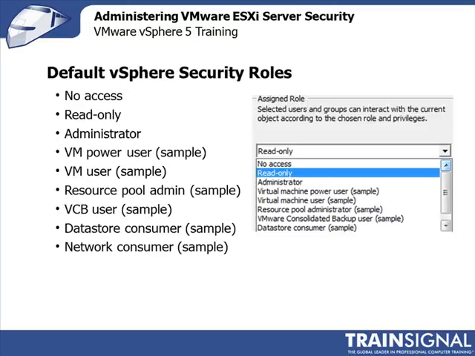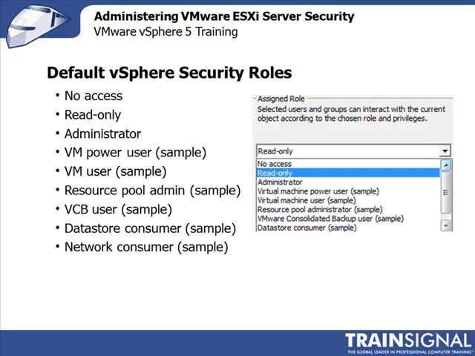I was talking about the vSphere security roles. There's a number of default vSphere security roles. You'll see those when we go into the vSphere client. And those roles are listed right here: no access, read-only, administrator, and then there's other sample roles like virtual machine power user. So say you had a SQL admin who wanted the right to be able to power on and off the SQL server through the vSphere client.